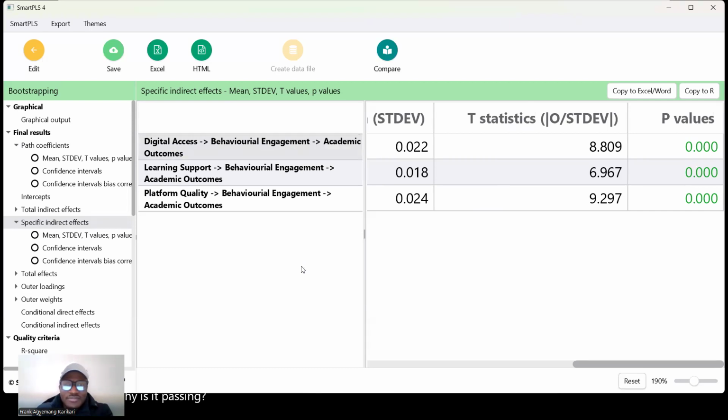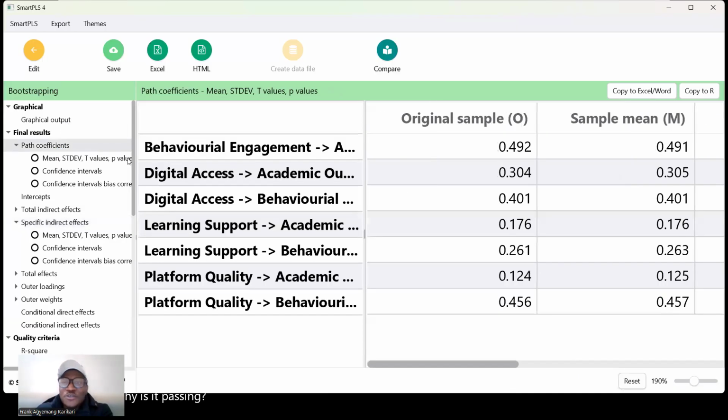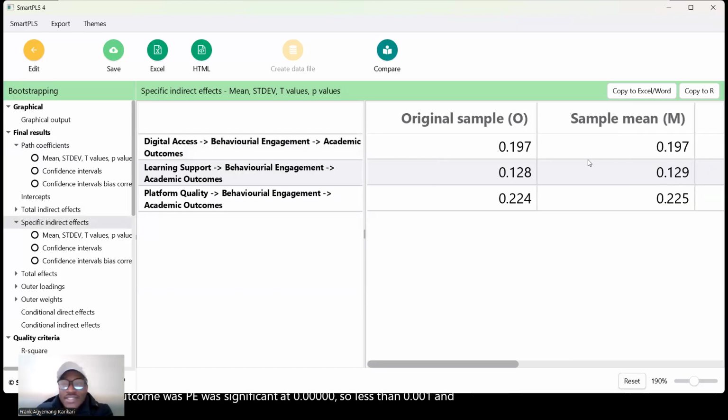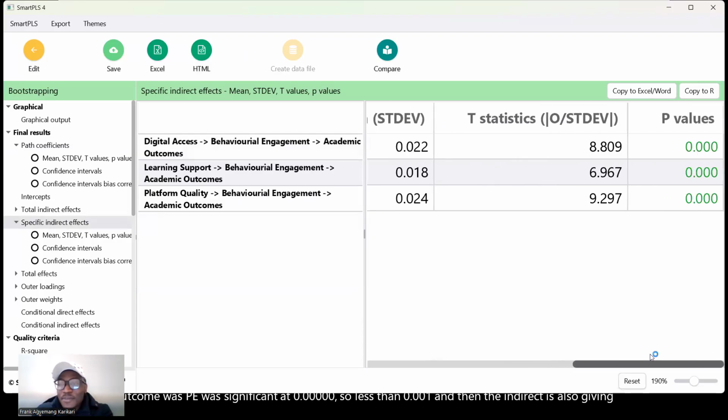there is significance between, like, for all the... Okay, so we saw that from here, right? The relation between digital access and academic outcome was significant at 0.00000, so less than 0.001. And then the indirect is also giving us a significant p-value.